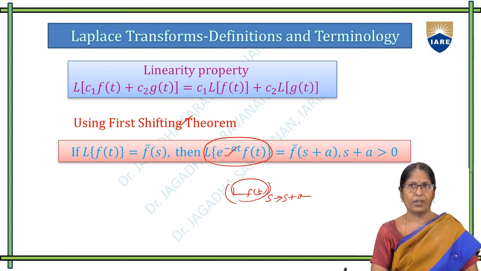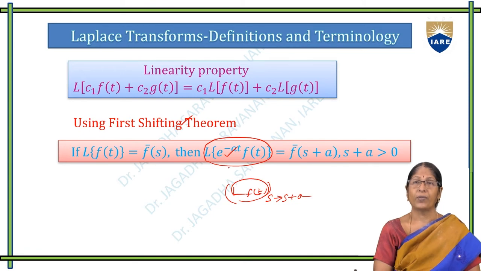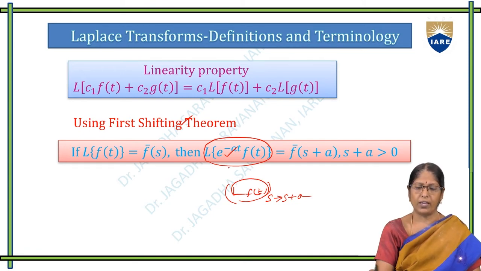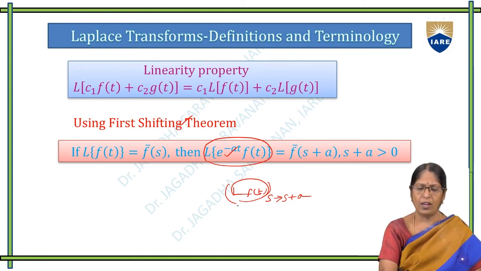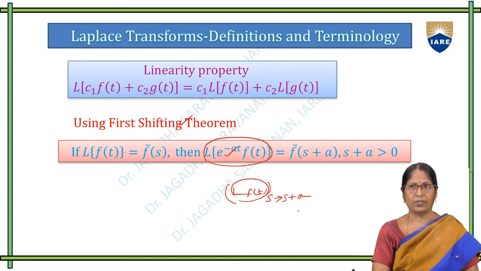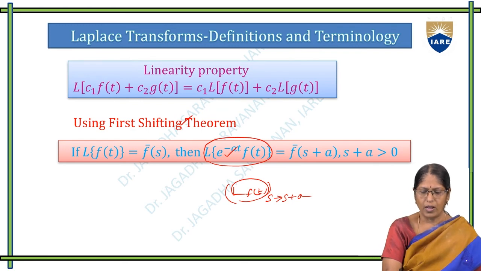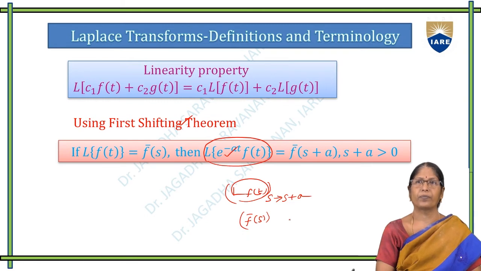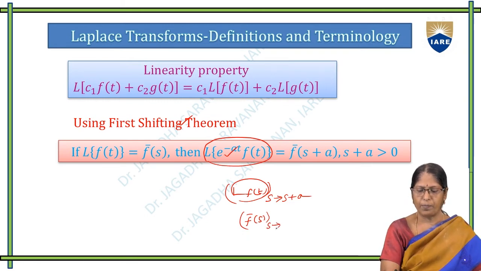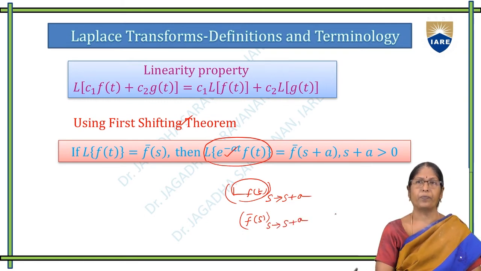We already discussed this: L of 1 has the result 1 by s, in terms of s. So if it is L of e power minus at f of t, then in L of f of t, which is f bar of s, s is replaced by s plus a.